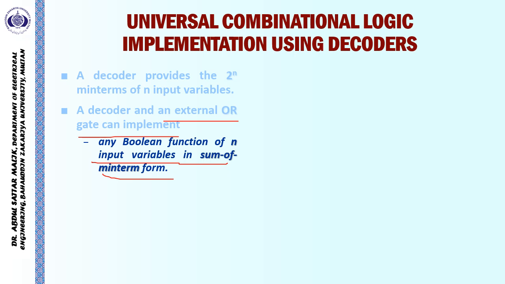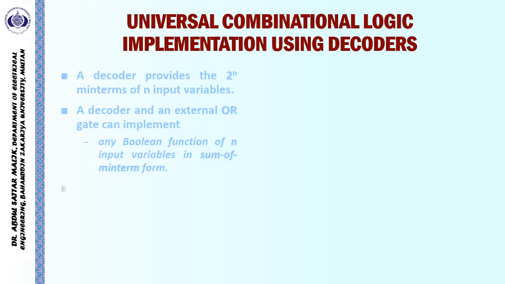Because in case of a decoder, we already have the minterms. The only thing to implement a Boolean function is to sum the minterms. And if we can have an OR gate, then an OR gate in combination with a decoder can be used to implement any Boolean function.